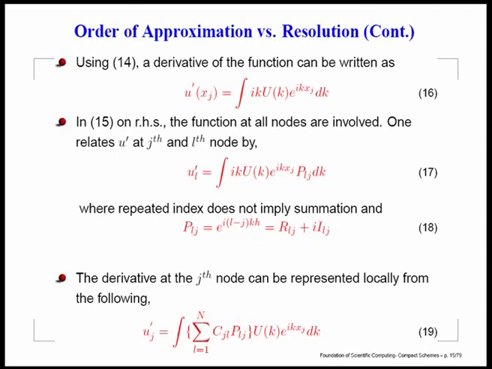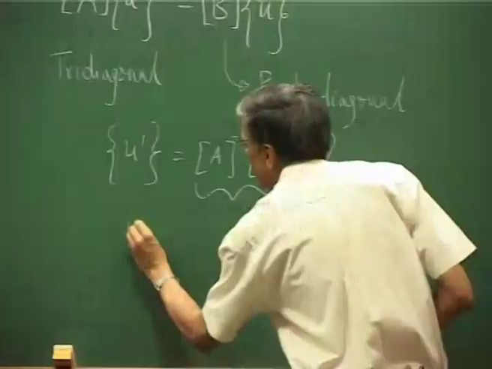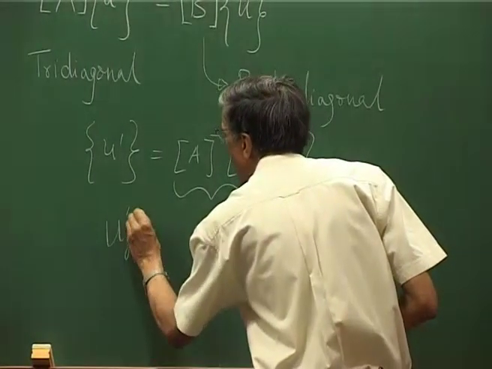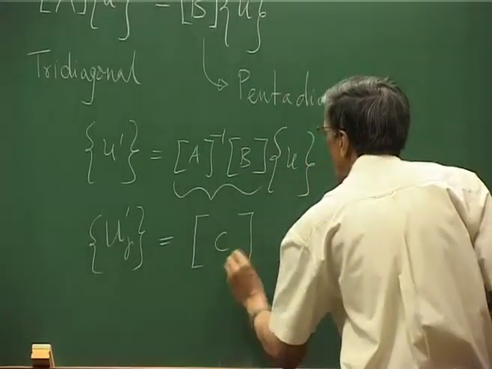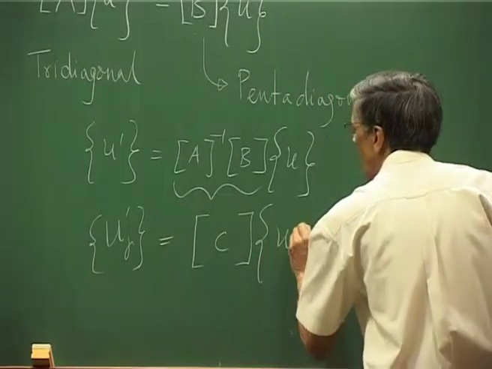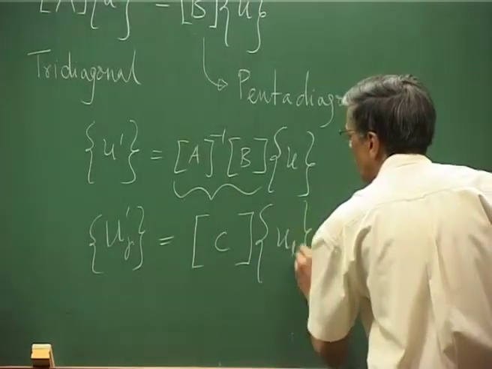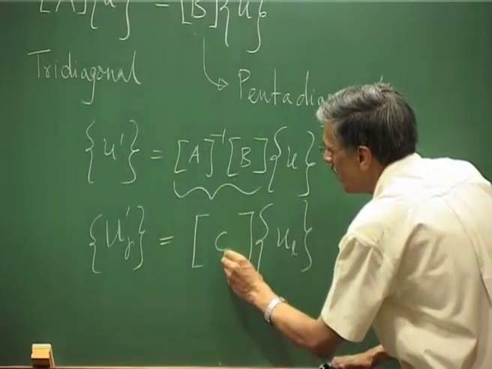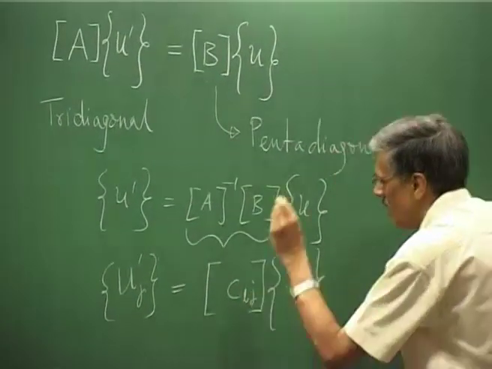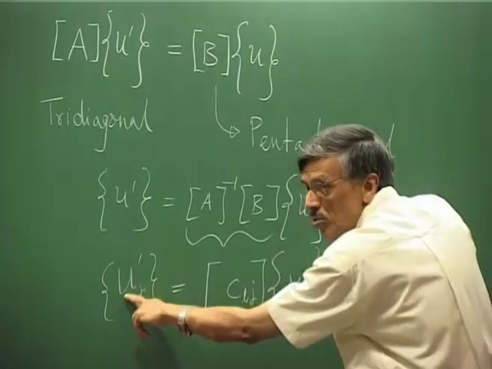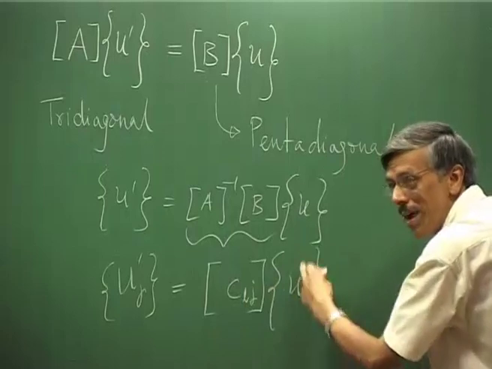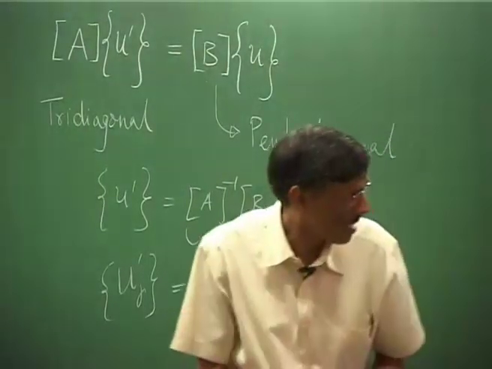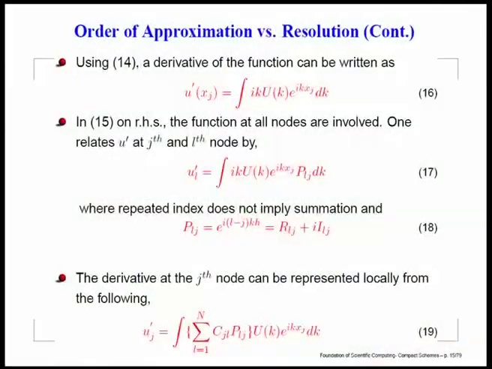mode, then I should look at this, because now what has happened here, this is like u_j prime on the left hand side, and this is my C matrix, and this is my, let me write this. So what is this C matrix? Suppose I want to find out u_j prime, what I would do is take the jth row and multiply by the whole column, right. So that's precisely what we have done here. That's what you are seeing here.